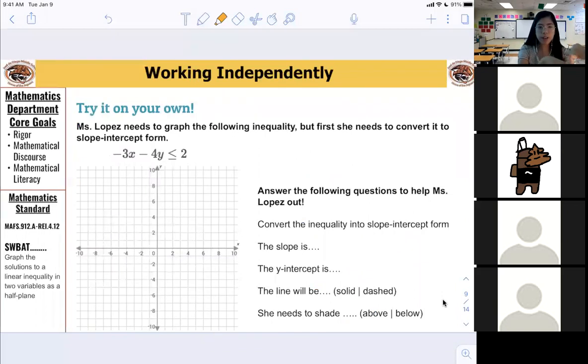So we have an inequality, we need to convert it to slope-intercept form, and then identify the slope, the y-intercept, and then whether it's going to be a solid or dashed line, above or below. So all of those steps, I want you to try on your own, and then once we have all those answers, I will graph it on my screen. So go ahead and take 5 minutes. 5 minutes, convert it to slope-intercept form, and then go from there. Any questions are welcome.